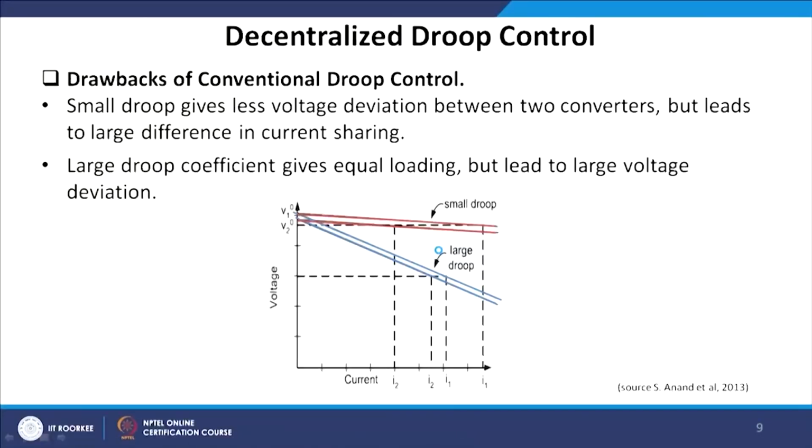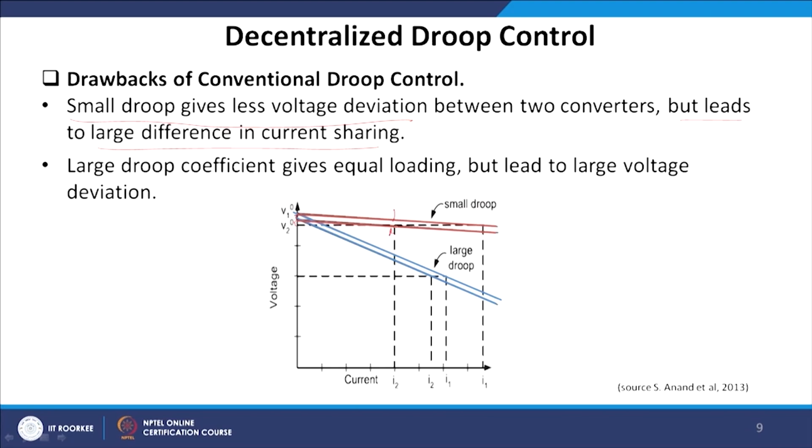Now, in decentralized droop control, there are a few further drawbacks that we need to highlight. Small droop means less voltage deviation between two converters, but a large difference in current sharing. So when there is a small droop, there is less voltage deviation, but it leads to large current sharing differences.